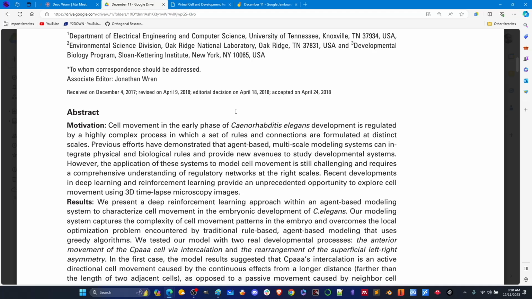It requires a comprehensive understanding of regulatory networks at the right scales. And so, deciding what those rules are, are they force interactions, or are they different types of molecular signaling, or what is going on there? What are the rules that we need?